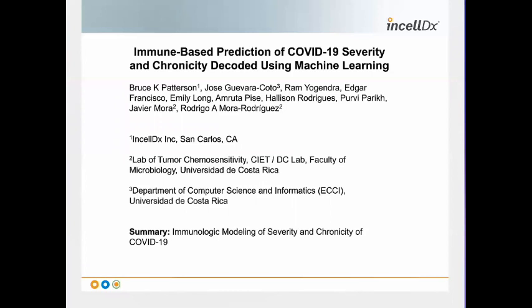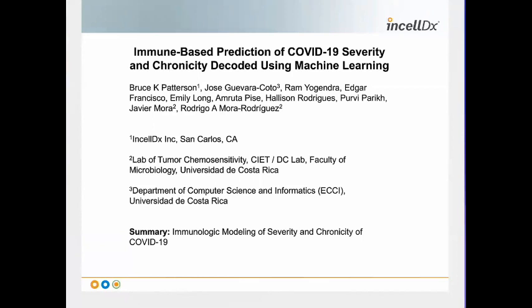Long hauler patients had barely been characterized in this time frame, but based on our findings at the end of the spring from the clinical trials showing that individuals did not have a normal immune response or a normal immune profile after active COVID, it was very important to us to say, what are the differences between someone with active COVID and somebody who has these long hauler symptoms?